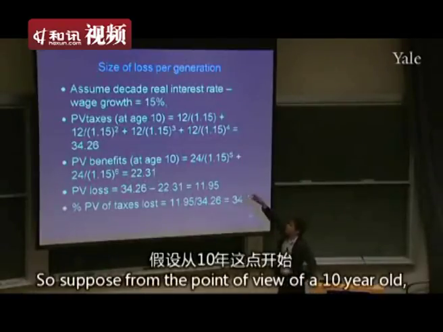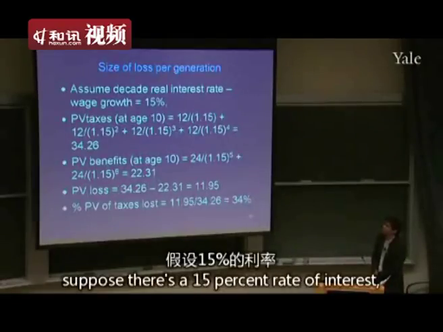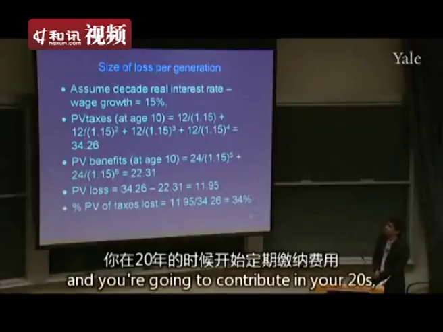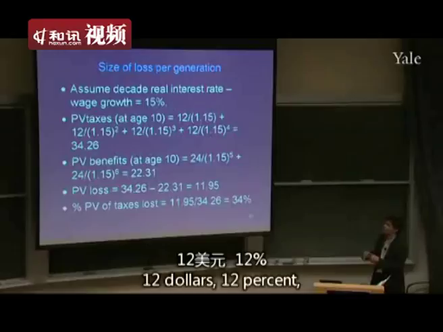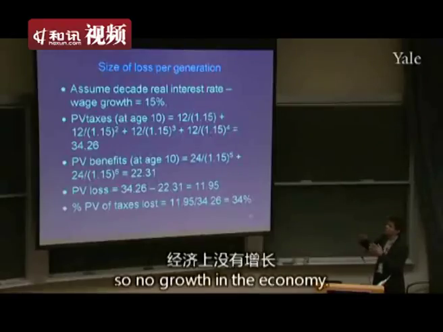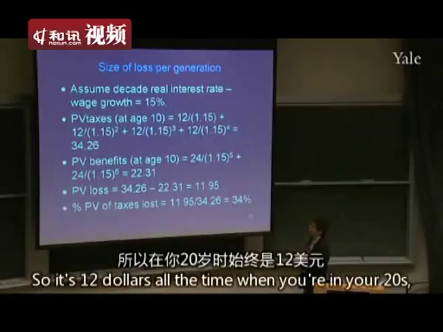Suppose, from the point of view of a 10-year-old, just doing the example I did, suppose there's a 15% rate of interest, and you're going to contribute $12 in your 20s, 30s, 40s, and 50s, so no growth in the economy, so it's $12 all the time.